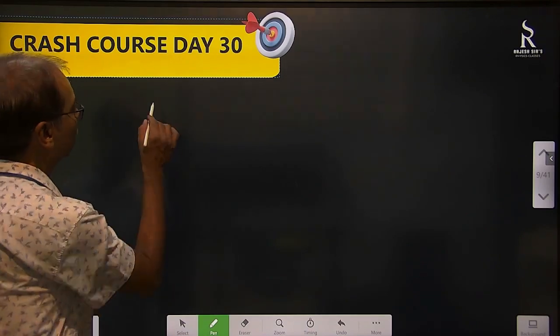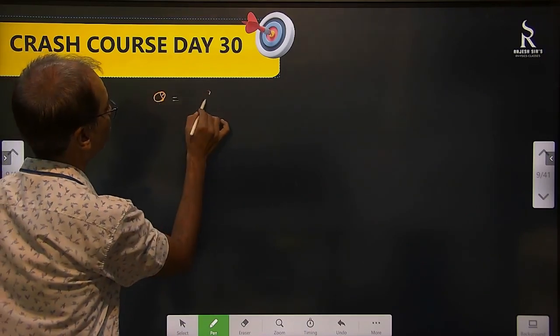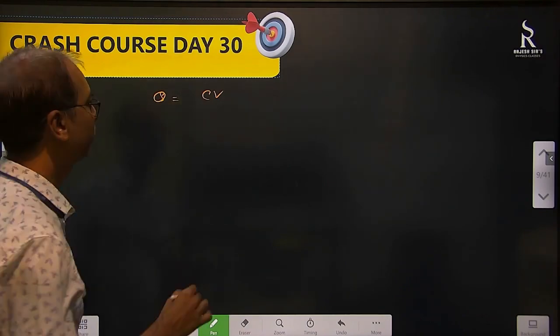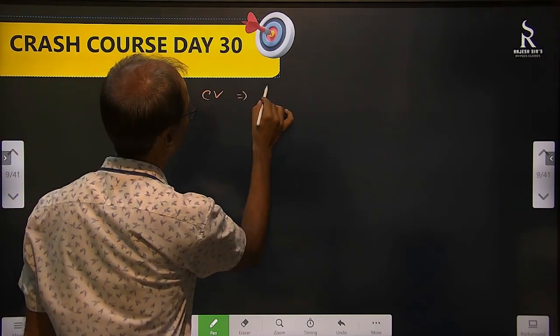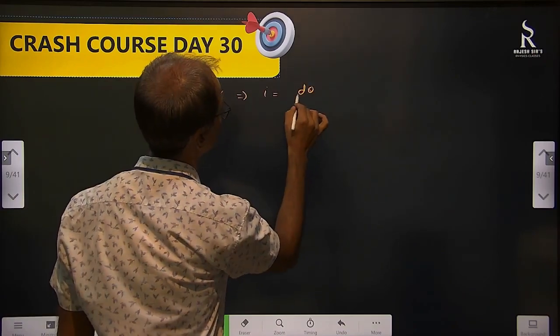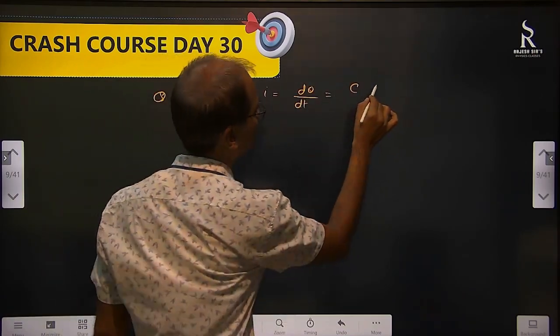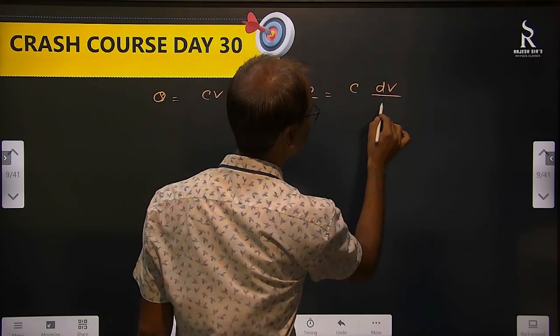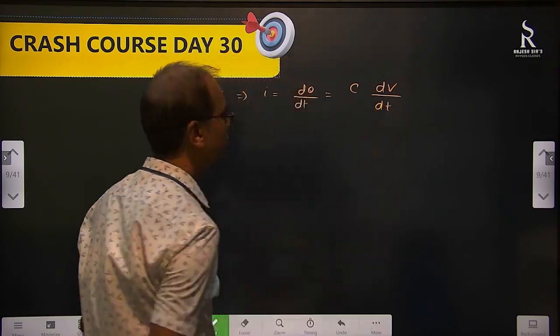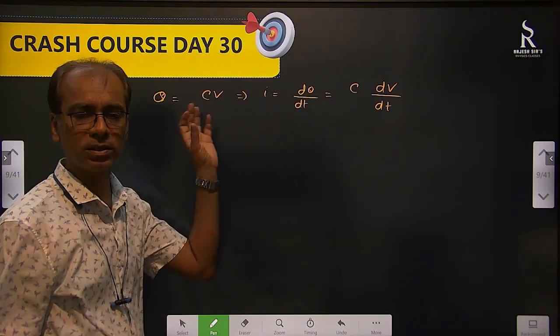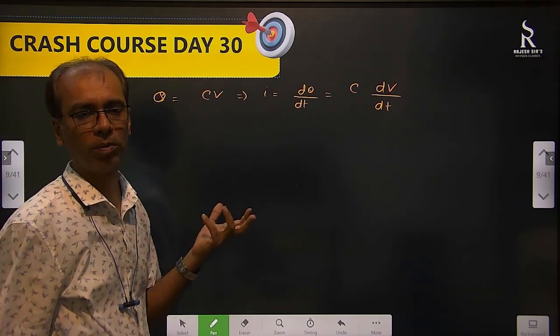See, charge on capacitor I can still write as CV also. So if current we have to find, current we can write as dq by dt. If C is constant, then what is changing? V is changing, because the entire potential will never come at once. Slowly potential will drop because charge is also slowly dropping.